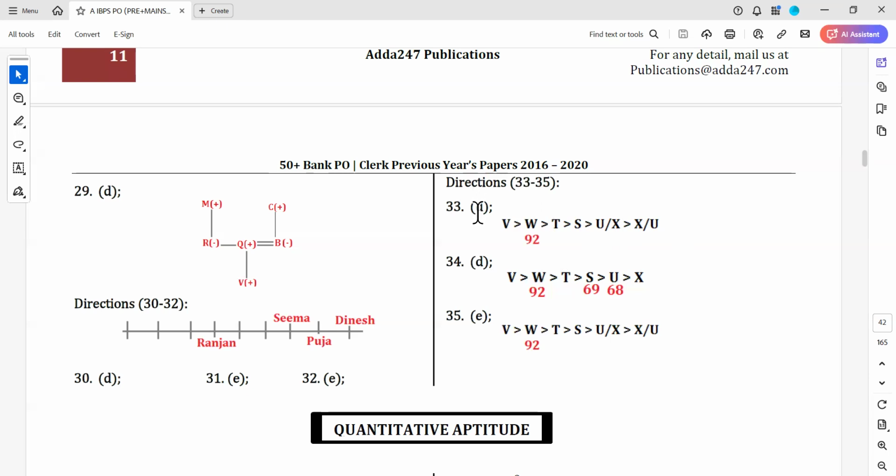So now the problem is only with V, W, T. Here it is given W did not score the highest marks, so W is greater than T. And the second highest mark is 92. So that means W is 92. So automatically this must be B.